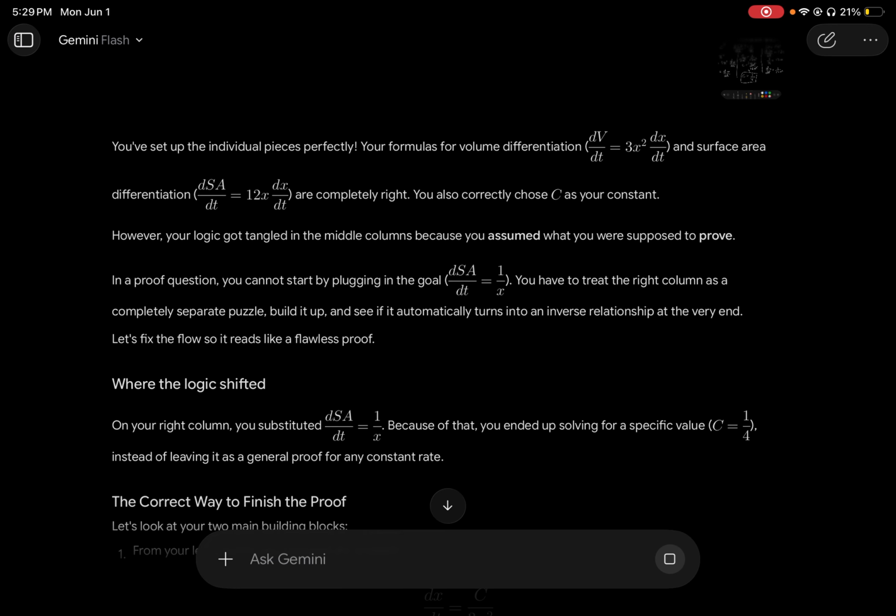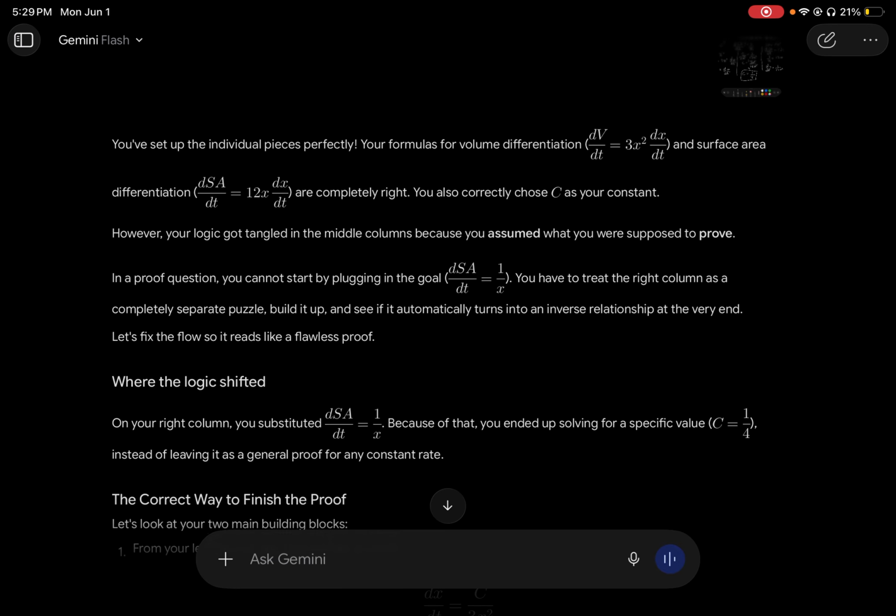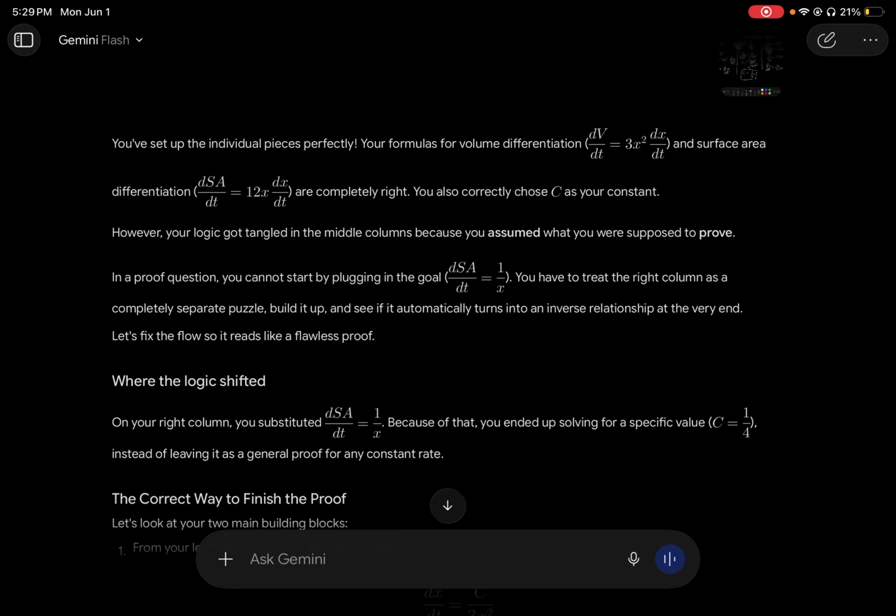You've set up individual pieces perfectly. Your formulas are right for volume differentiation, dv by dt equals 3x squared dx by dt, and the surface area differentiation, dSA by dt equals 12x dx by dt. You correctly chose c as a constant. However, your logic got tangled in the middle because you assumed what you're supposed to prove. In a proof question, you cannot start by plugging in your goal.